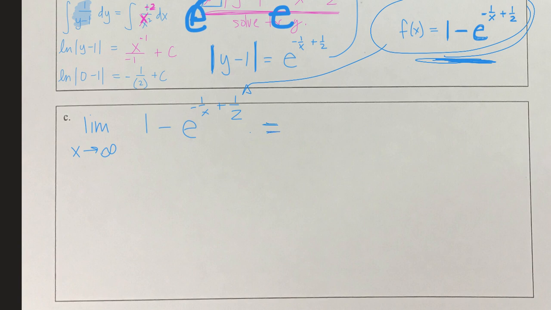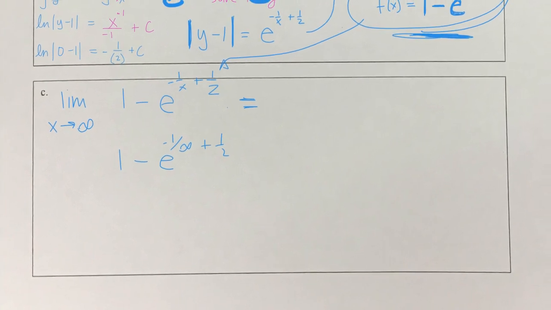So remember what that means. That means we are replacing x with infinity, plus 1/2. So we're going to use our rules of exponents and split this into two, so this is times e to the 1/2. And if we're raising it to a negative power, that's the same as if it were in the denominator to a positive power.